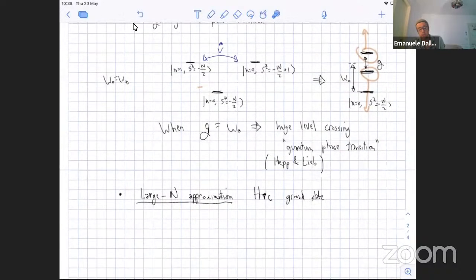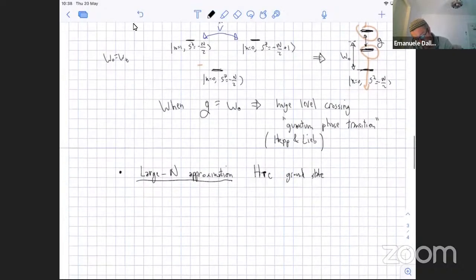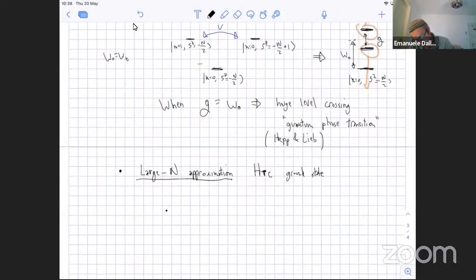The same approximation can also be used with the full Dicke model with counter-rotating terms. So what is the idea? The idea of this large N approximation is based on something called the Holstein-Primakoff approximation. Actually, the Holstein-Primakoff transformation, but let's call it an approximation. I will explain.